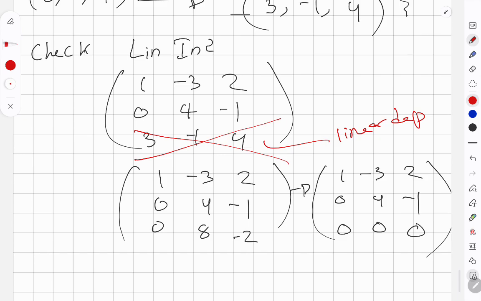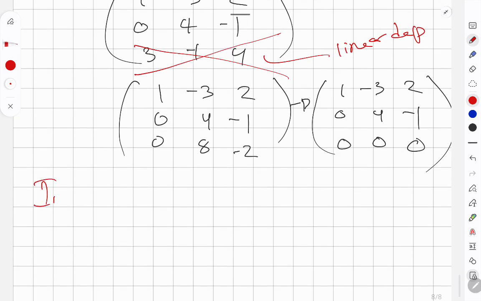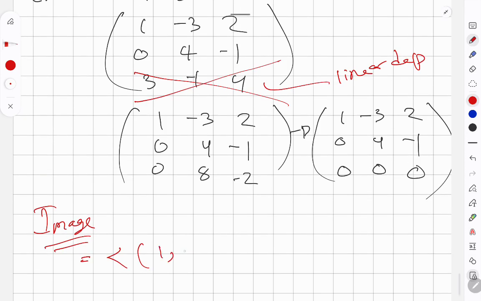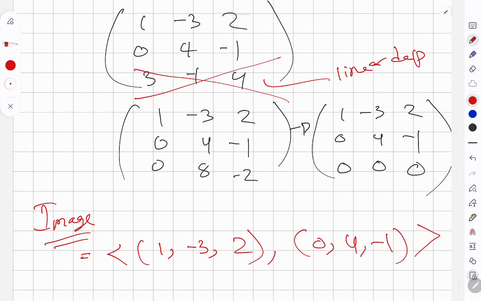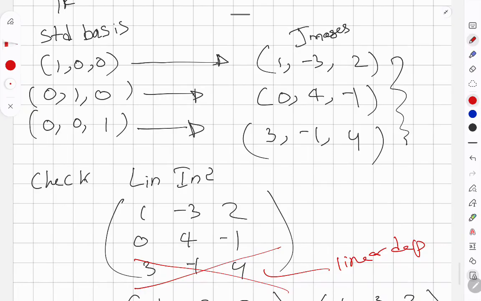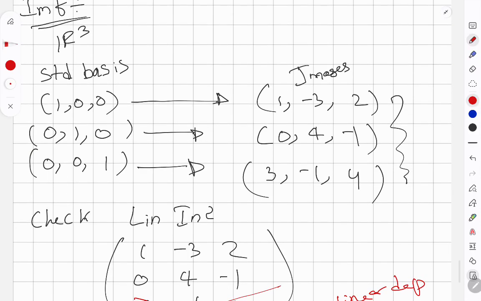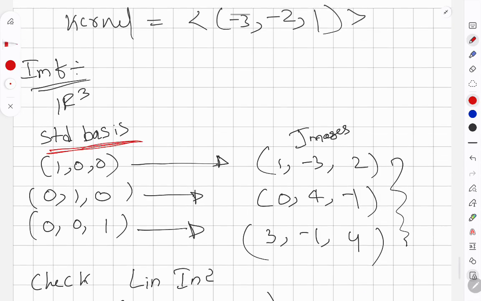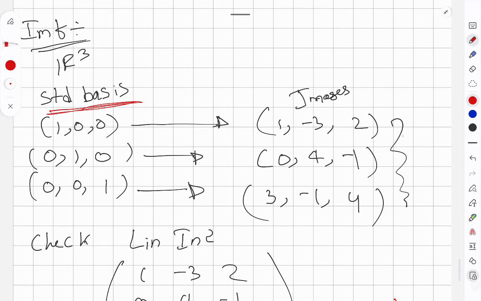So my final image will be (1, -3, 2) and (0, 4, -1). Do you understand why we do this? First I started from the standard basis, and I put these values in those relations and got these vectors.